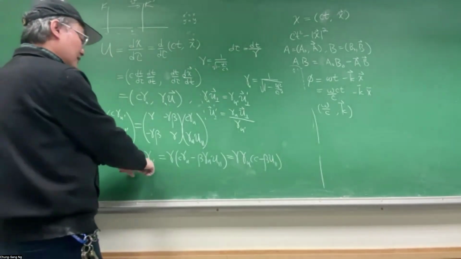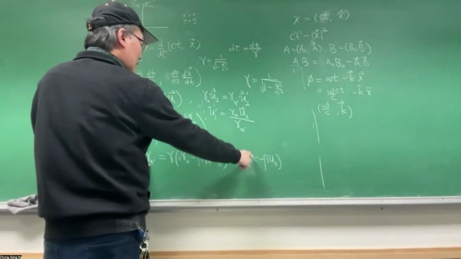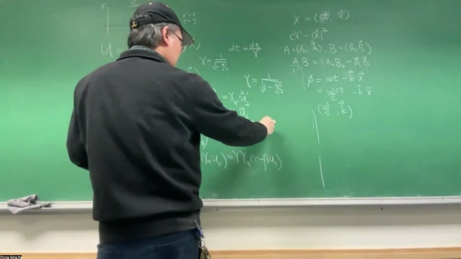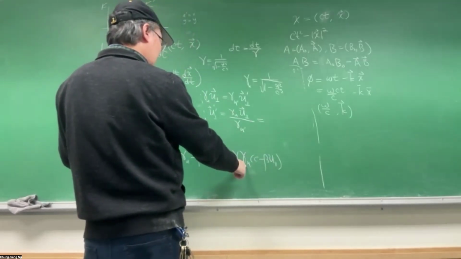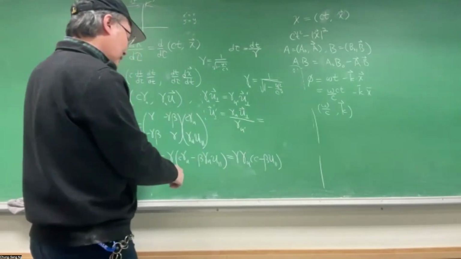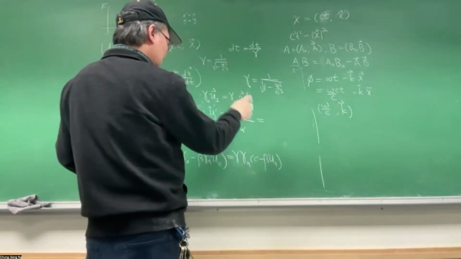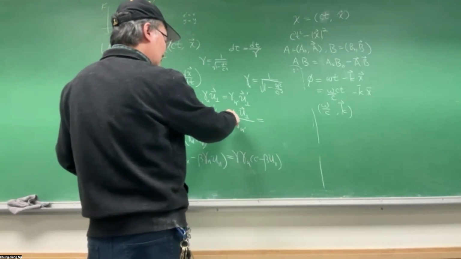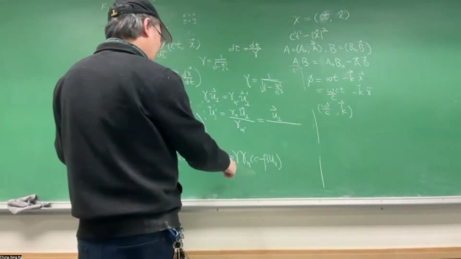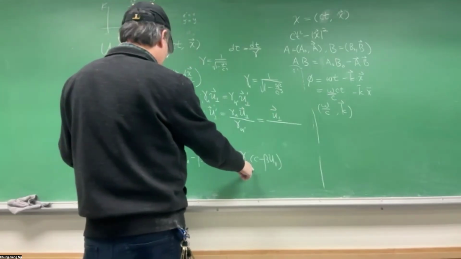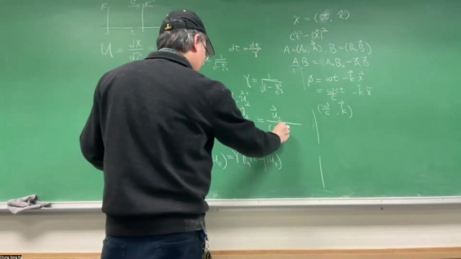I mean, if you like, you can substitute this one over here. Then the denominator has a gamma u. Of course, you want to divide it by c also. So gamma u cancels with this gamma, and the rest is 1 minus beta.